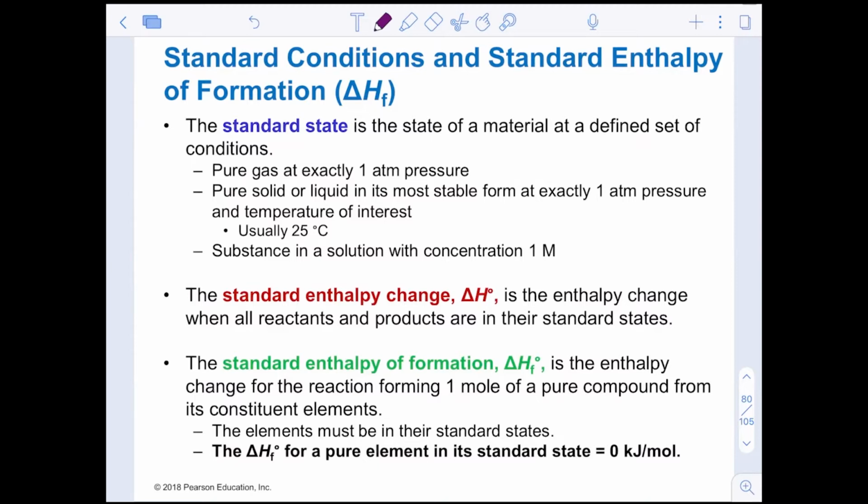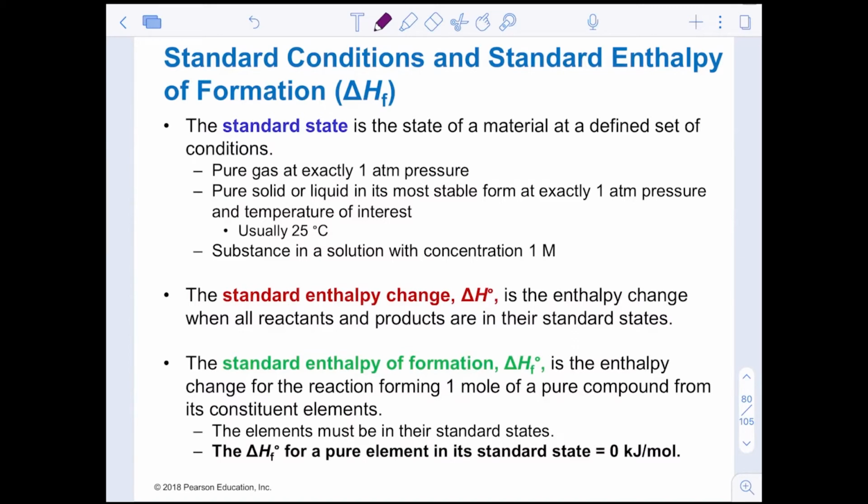So things like carbon, naturally occurring as a solid, specifically that solid graphite, sheets of carbon versus diamonds. Liquids, if we're talking about H2O, liquid in its standard state. If it's a solution, the standard state is 1 molar.